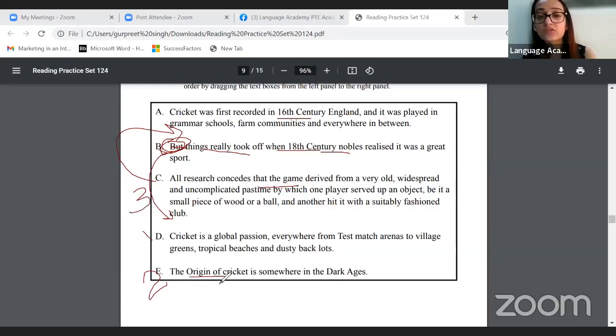You say that origin of cricket is somewhere in the dark ages. All research concedes that the game derived from a very old, widespread, uncomplicated pastime. This is also origin of cricket. That is what our research tells us about origin of cricket. Where did it come from? It is derived from. Where it came from is deriving from.